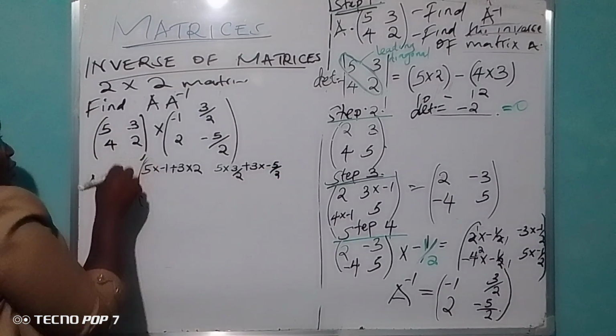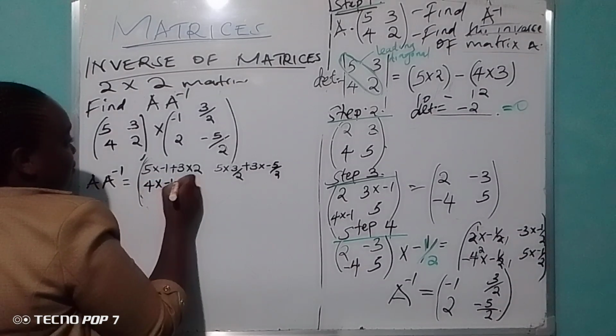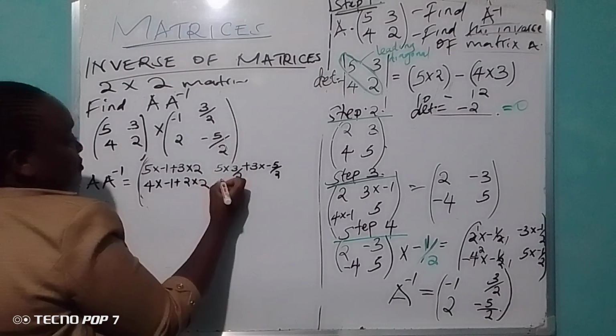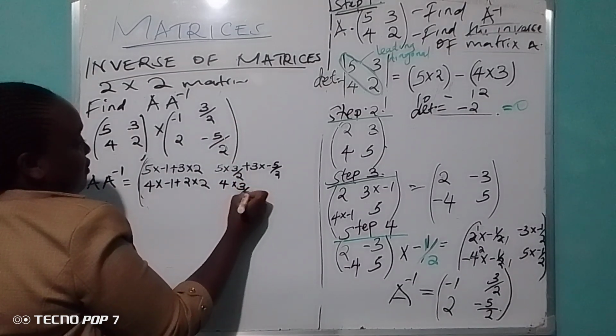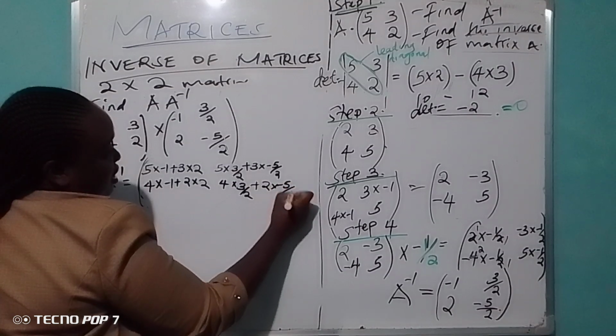Then we go to the second row with each column. So 4 times -1 plus 2 times 2. Then 4 times 3 over 2 plus 2 times -5 over 2.